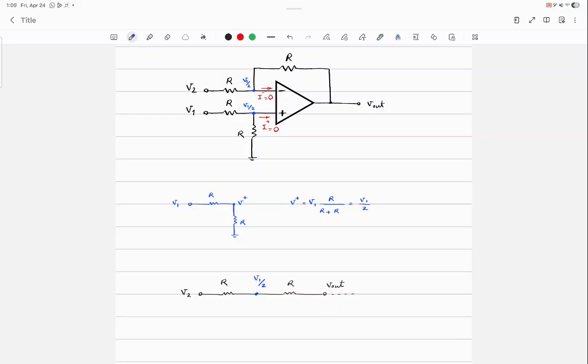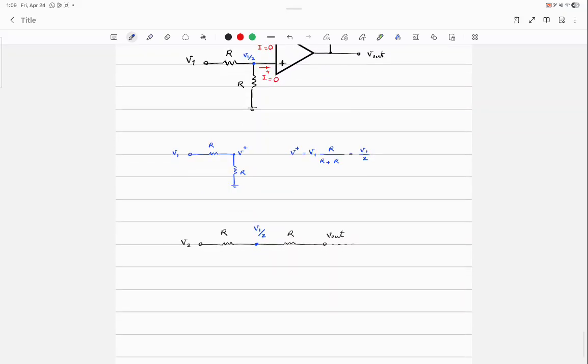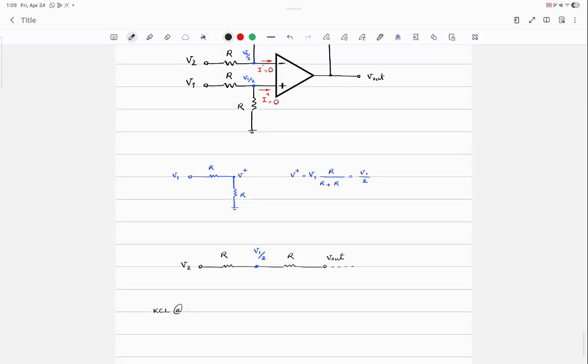You could have done it just on the circuit as well, just by writing KCL. So KCL at V negative: (V1/2 - V2)/R + (V1/2 - Vout)/R = 0, right?